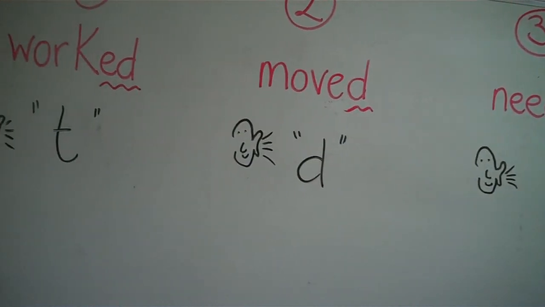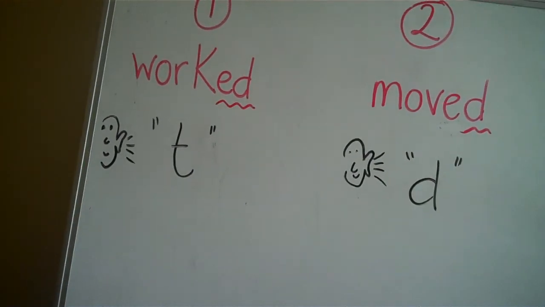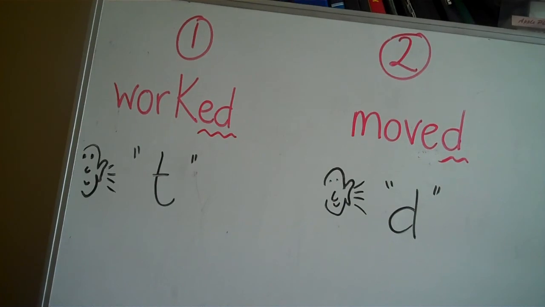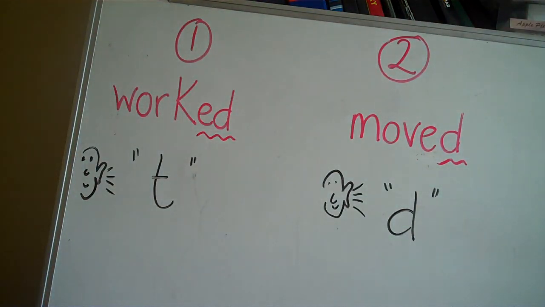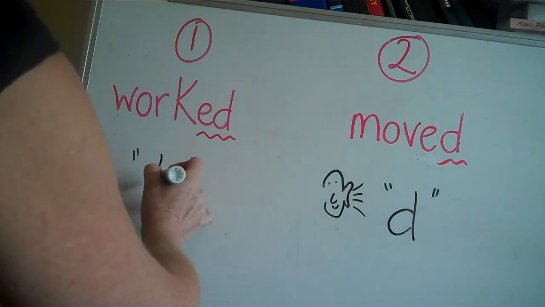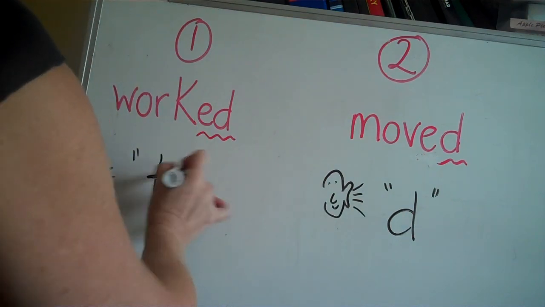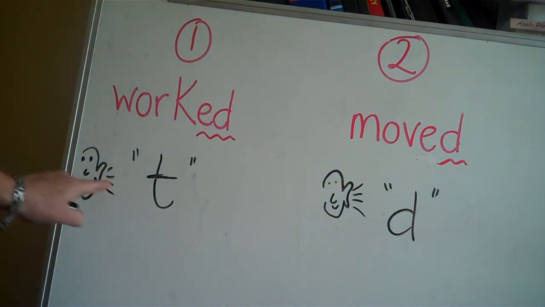So let's look at the difference between those two. For number one, let's put our hand on our throat again. Work. K, k. See? Nothing is moving there. And so we have our t sound. Worked. That's what you hear.